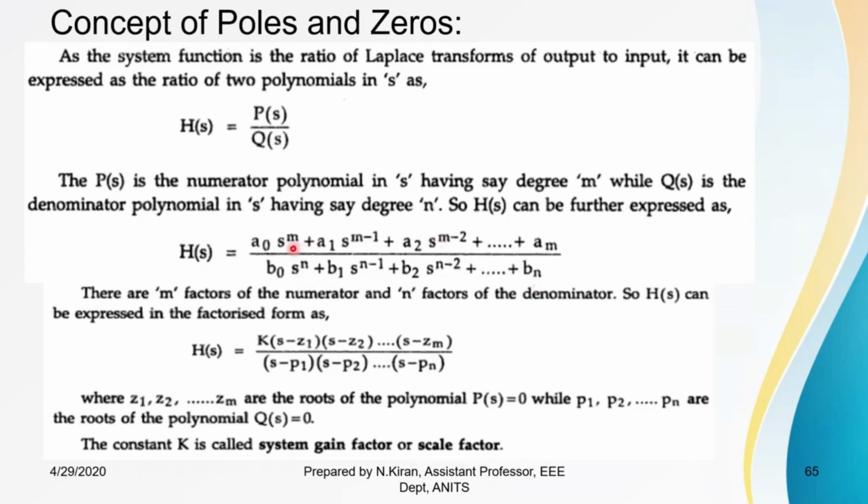Here, as you can see, we have assumed the degree of the numerator polynomial to be m, and the degree of the denominator polynomial to be n. So in other words, the numerator has m factors and the denominator has n factors. So this expression H(s) I can write in factorized form, that is, some constant K into (s minus z1) into (s minus z2), and so on till (s minus zm).